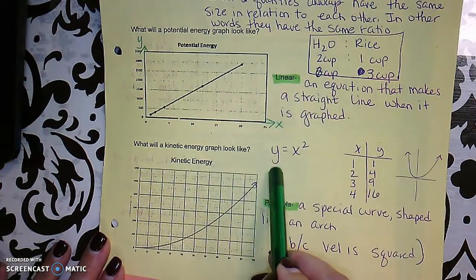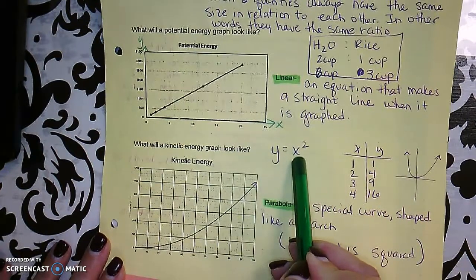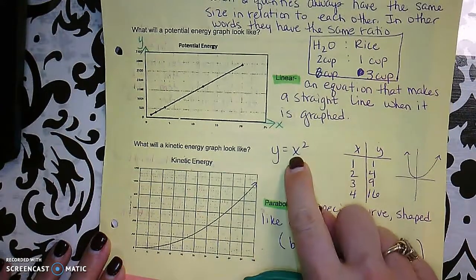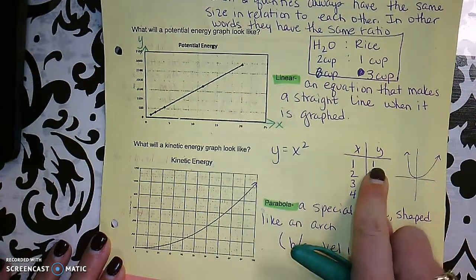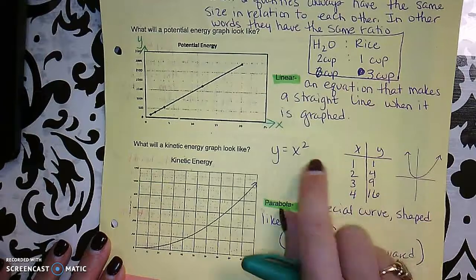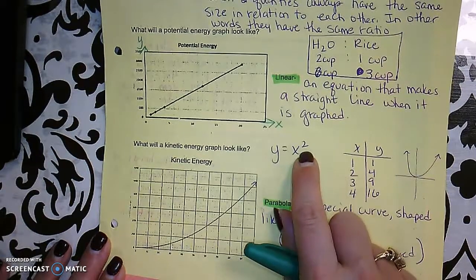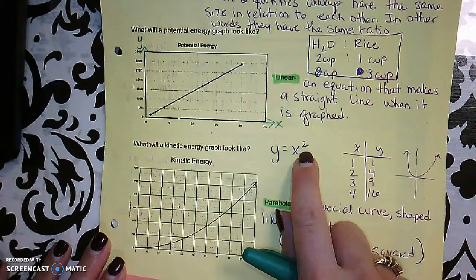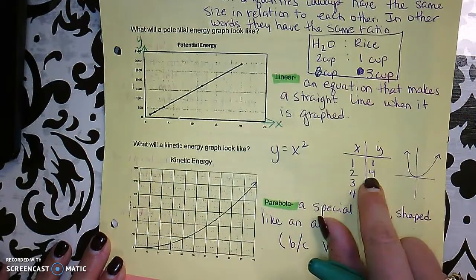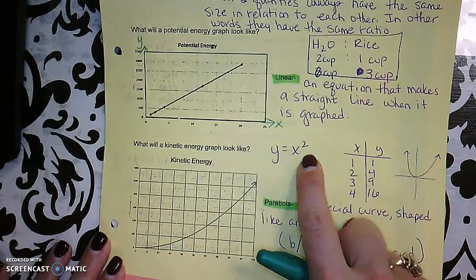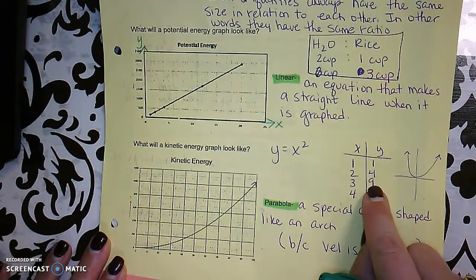If we were to make a table of y equals x squared, and we put 1 in for x, 1 squared is going to give me 1. But if we were to put 2 in for x, what's 2 squared? You all have been working on this in math. 2 squared is 4. If we were to put 3 in for x, 3 squared is 9.